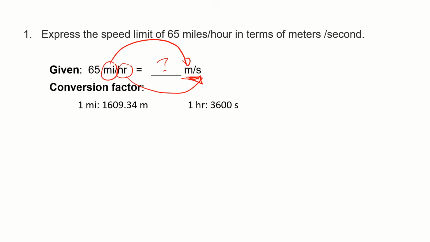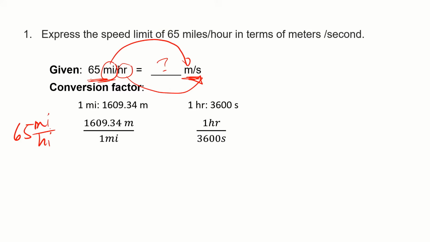But conversion factor is a ratio or a fraction. So therefore, to find the conversion factor, we need to base it to the given value. So para malaman natin kung sino yung isusulat natin sa numerator, sino yung isusulat natin sa denominator. So since in our given value 65 miles per hour, so we want to eliminate miles, so therefore we're going to write miles at the denominator of our conversion factor.